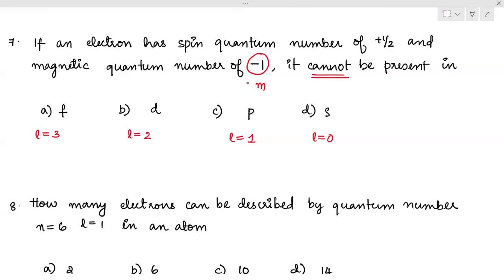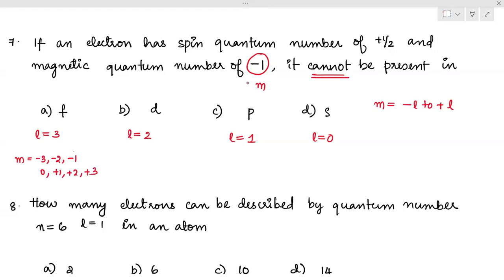Very easy. You know that the values of ml range from -L to +L, with a unit difference. So here the values of m correspond to -3, -2, -1, 0, +1, +2, +3.